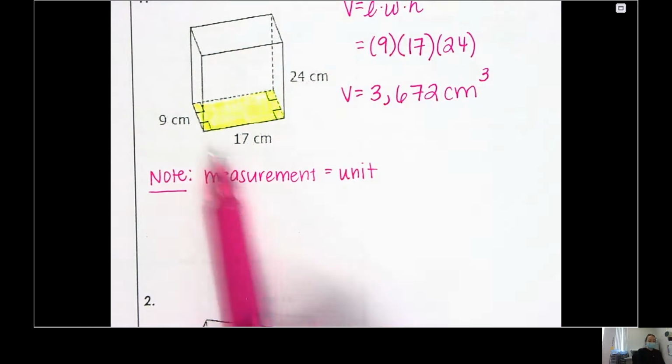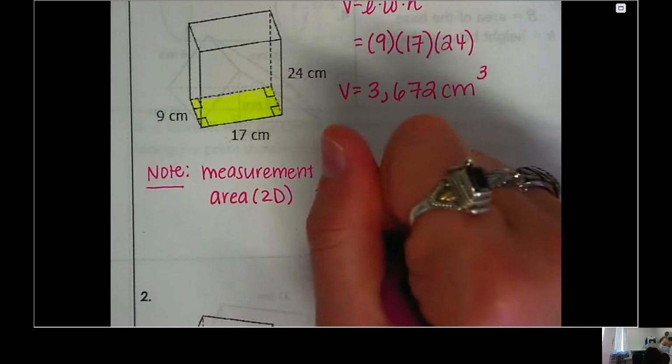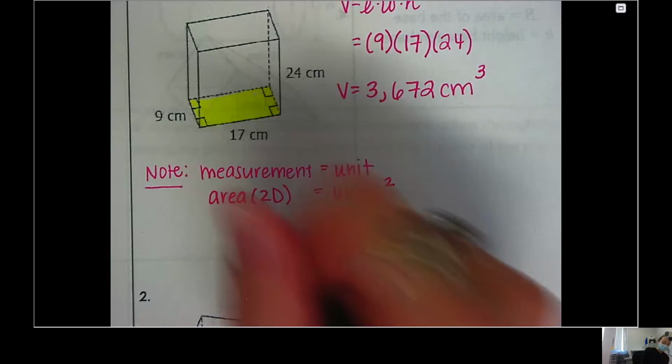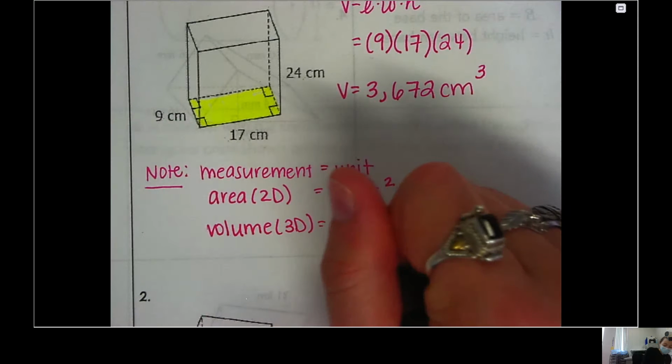So like this was just 17 centimeters. That's a measurement. That's in a unit. If you're going to do area, which is a 2D figure, then it's units squared. And if you're going to do volume, which is 3D, it's units cubed.